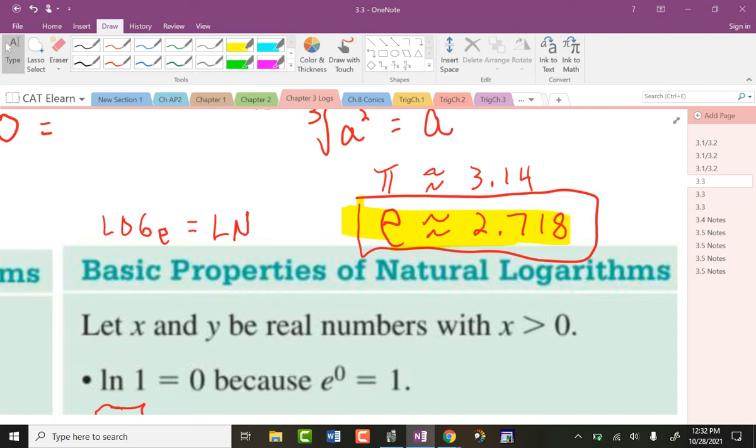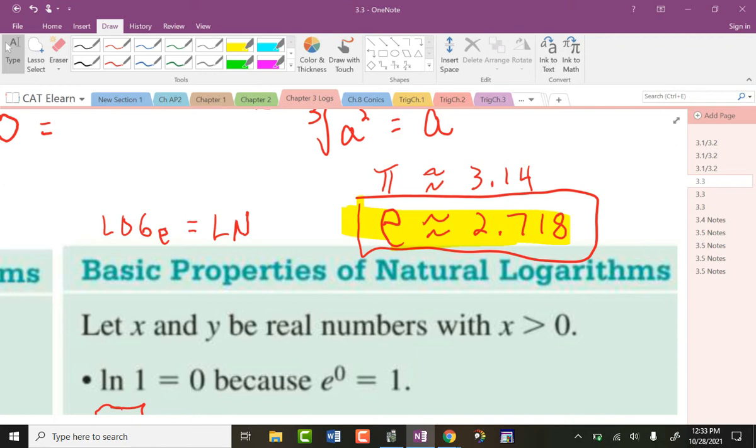E comes from an expression, and I'm not going to bore you with what that expression is. It becomes 2.718 when you do this particular expression. And why it's called the natural log is that it's important in growth and decay situations in the real world. It's actually true.